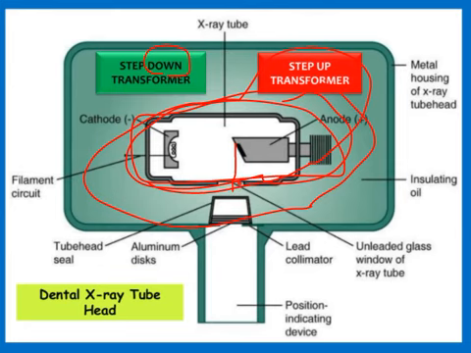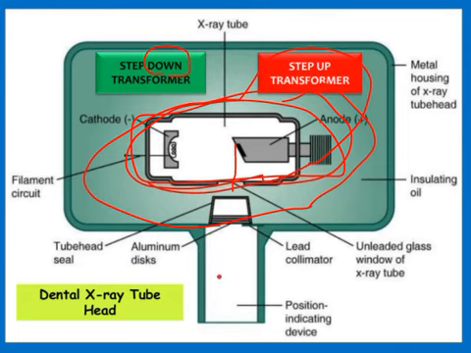Now, when the X-ray comes out, it is going to come out from here. If you had made a blockage over here, that means the metal housing is completely closed, so the radiation will not come out. So we have to open it. When we open it, the oil is going to come out.